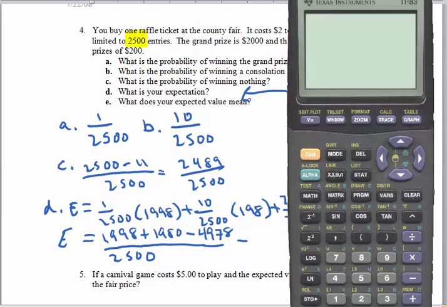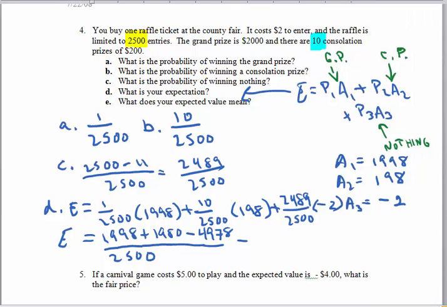I would have 1998 plus 1980 minus 4978, which is negative 1,000 over 2,500, which is really negative 2/5, which is really negative 0.40, or negative 40 cents.